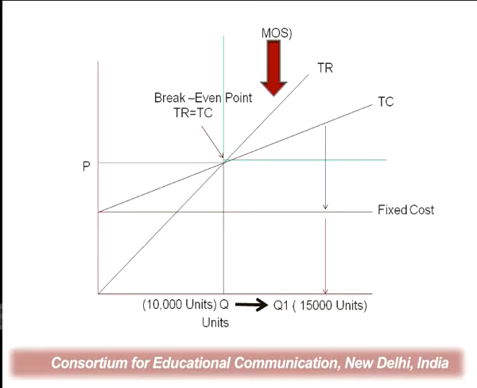So the difference between your actual sales and break even sales is known as the margin of safety. In this diagram we have tried to show graphically the way we plot and identify the margin of safety.